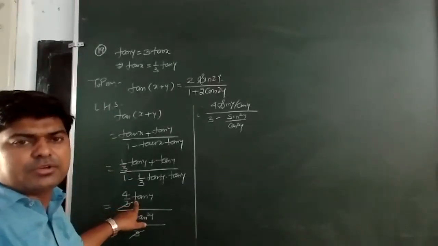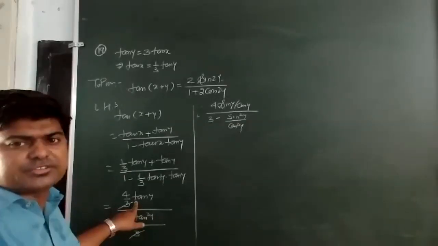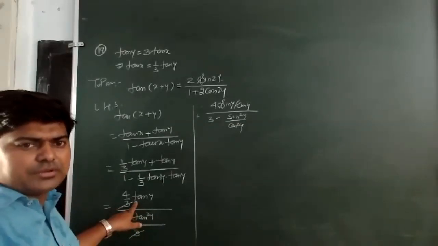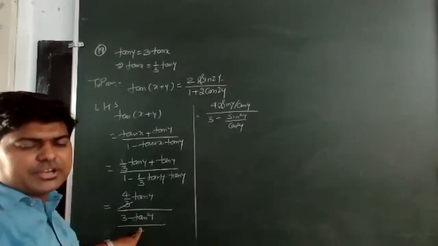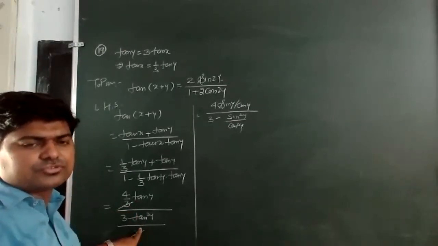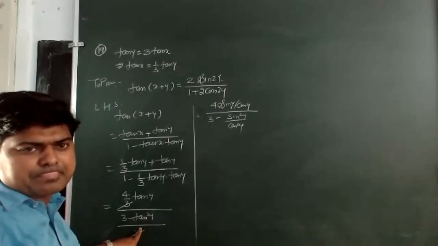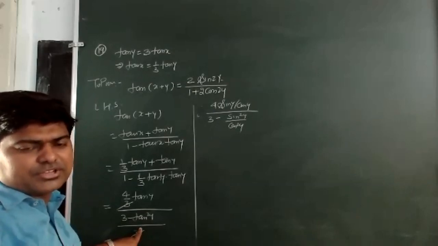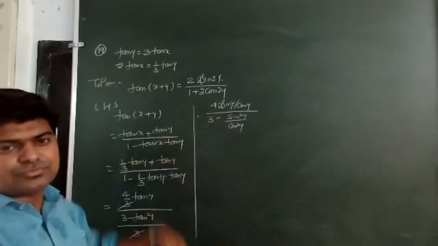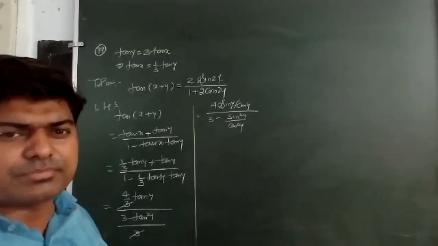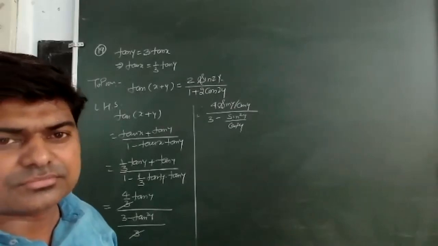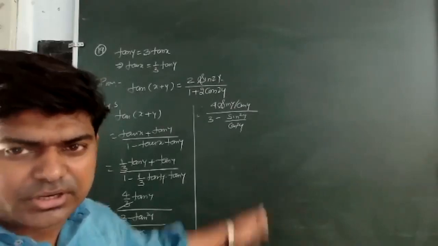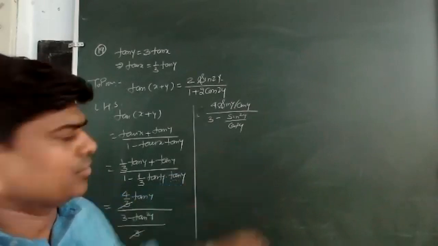If I divide by 1 plus tan square y, it can be written as sine. When I divide here by 1 plus tan square y, here also we have to divide. Otherwise, sine cos, which one do you want? Dividing by 1 plus tan square y, or converting in sine and cos?